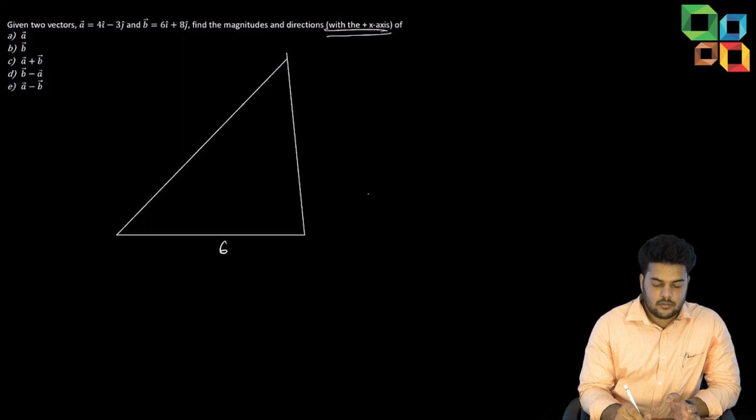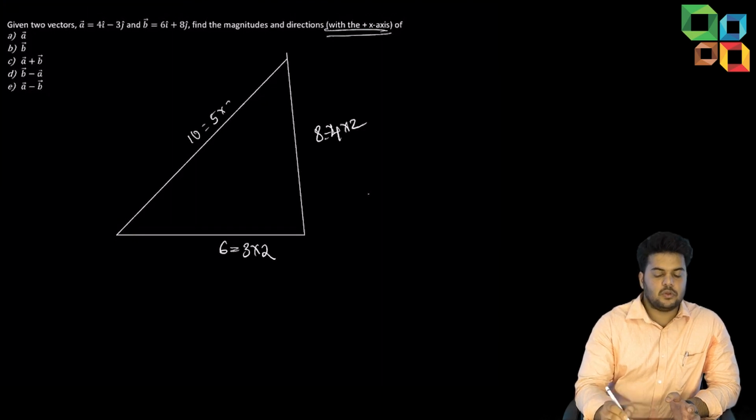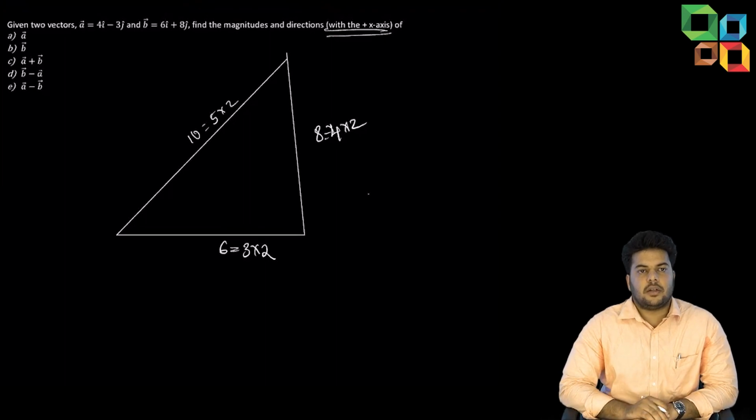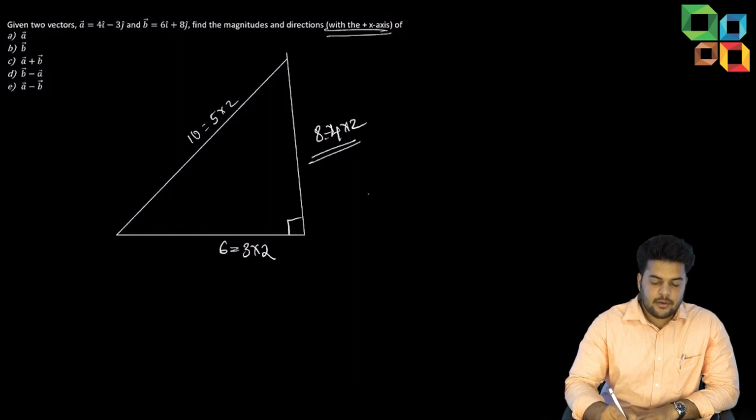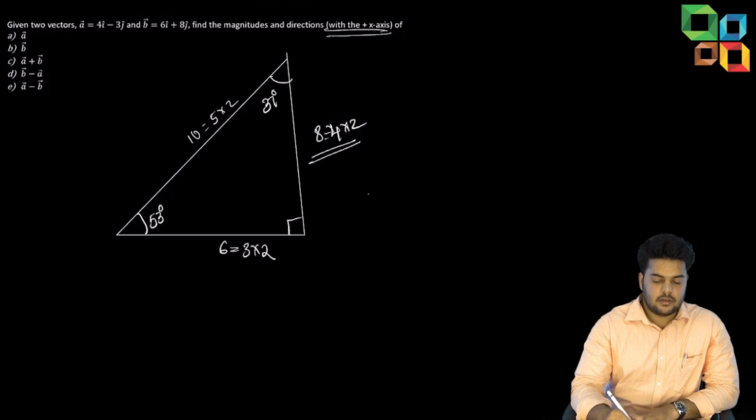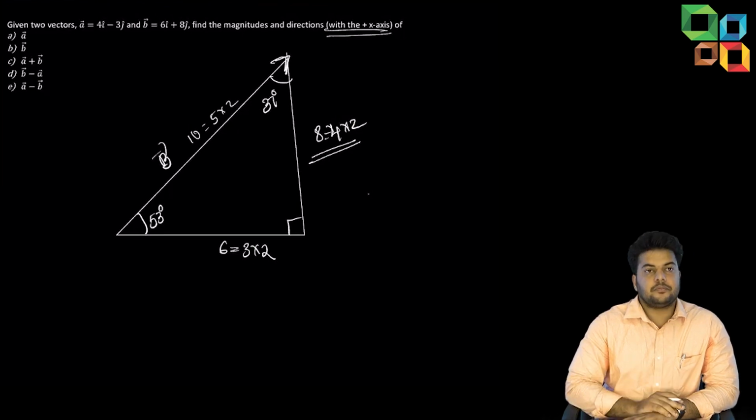This is 6, which is nothing but 3 into 2. 8, which is nothing but 4 into 2. And this will be 10, which is nothing but 5 into 2. So zoomed by a factor of 2. So this angle is 90 degrees. The angle opposite to the side 4 is 53 degrees, and this angle is 37 degrees. And this vector over here is the B vector.